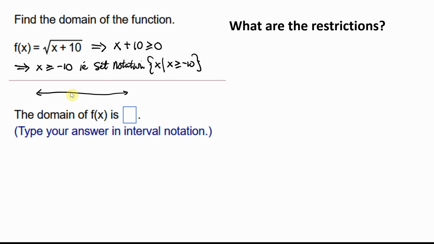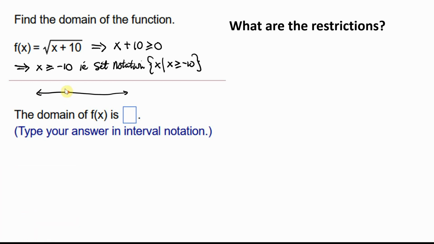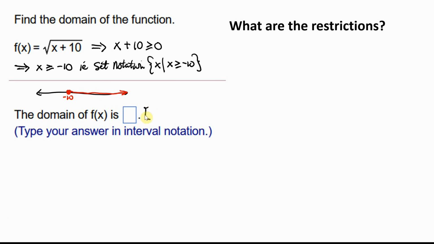We find negative 10 on the number line, and it's everything greater than that. We put the circle in on that because we can include the negative 10. So our domain is a bracket, negative 10, comma, all the way to positive infinity, parentheses. The bracket means include the endpoint. Parentheses means we do not include the endpoint.